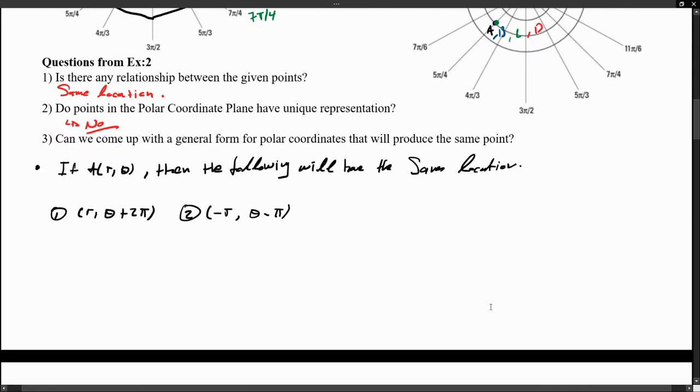And also, in addition, another way that we could represent the same point is by still changing the value of r, but now we're going to add a pi. So given any point, any polar coordinate point, I would have got the same location if I do any of these 3 combinations.